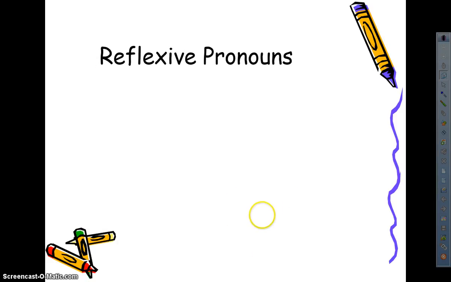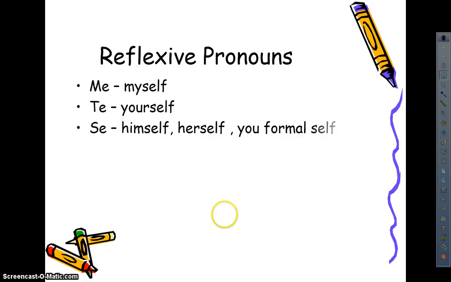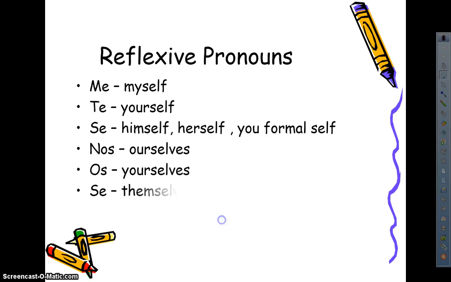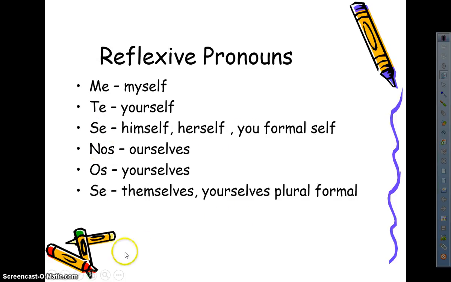Okay, for your reflexives, you need to use reflexive pronouns. They are your reflexive pronouns, which, except for this one and that one, are the same ones that we use for gustar.